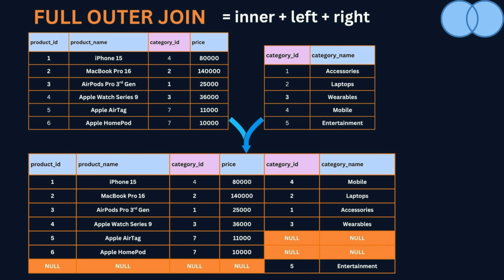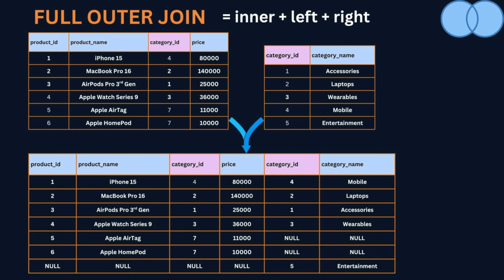So this is going to be our result when we perform a full join or full outer join. So it will have all the results from the inner join and then all the remaining items from the left table by marking the columns for the right table as null, and then it will also have all the remaining columns from the right table by marking the columns from the left table as null.